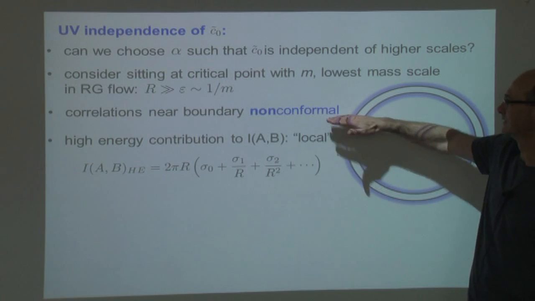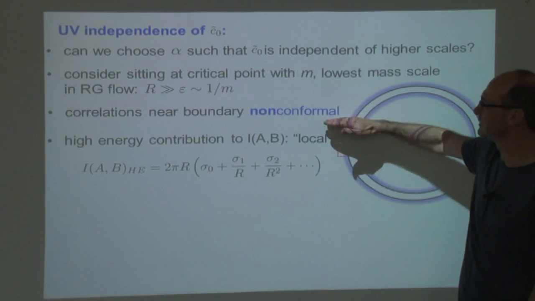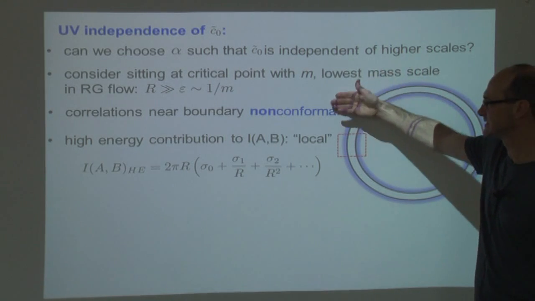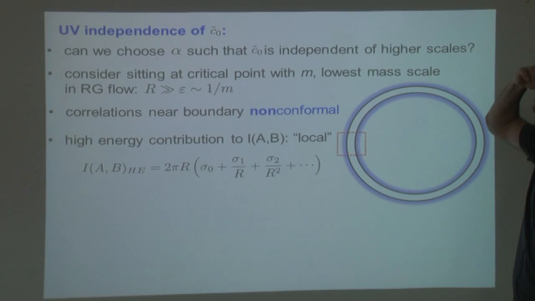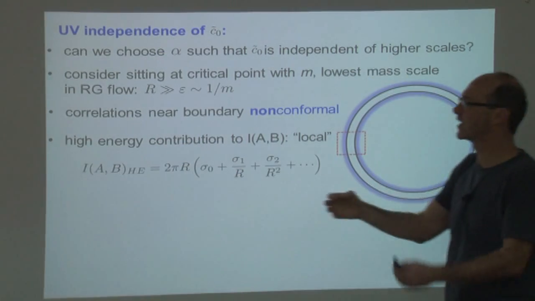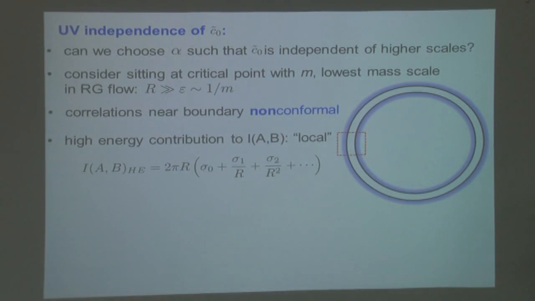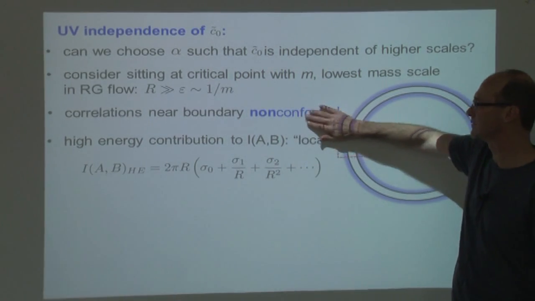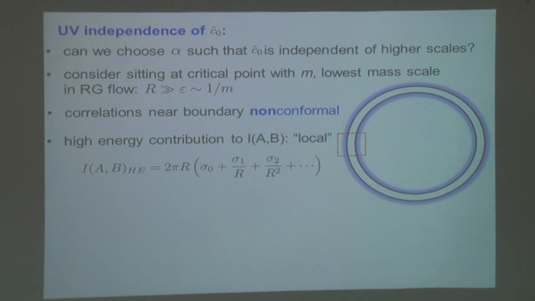So in the correlations at short distances, I see non-conformal stuff, and in quotes, I'm going to think about the high energy contribution to the mutual information, i.e. the part of I_AB that's coming from these non-conformal correlators.